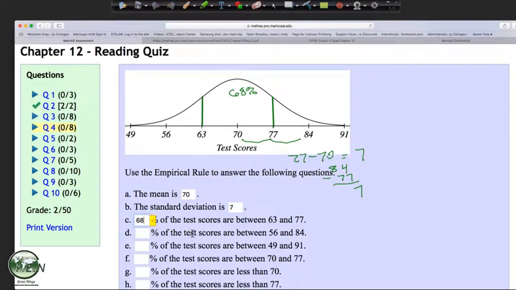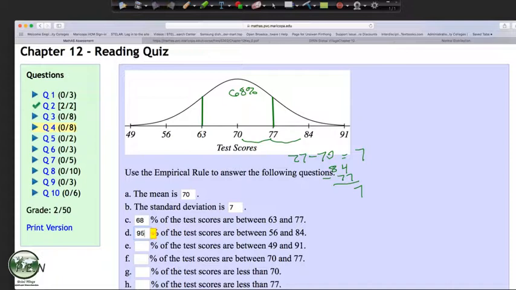Between 56 and 84, so we see the 56 is 2 below, 84 is 2 above, 2 below to 2 above, 95%. Have it memorized.